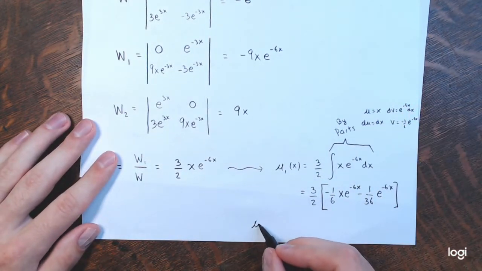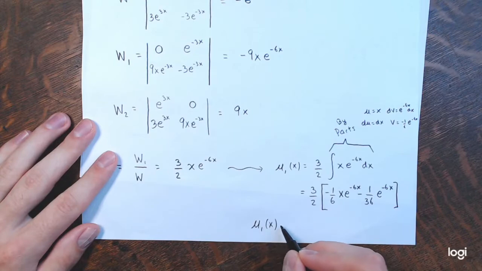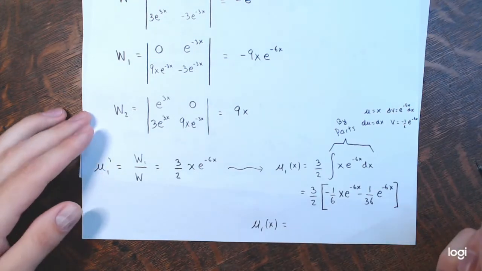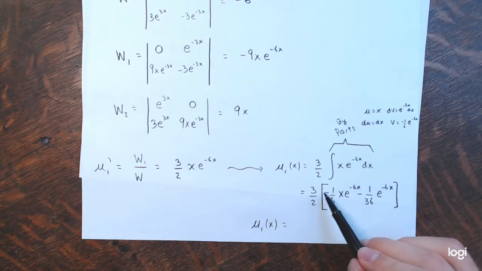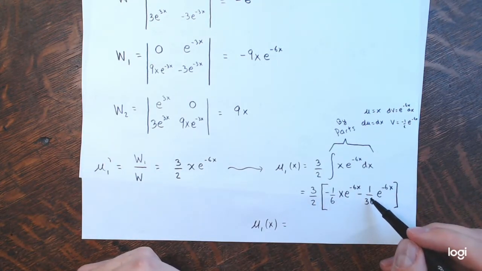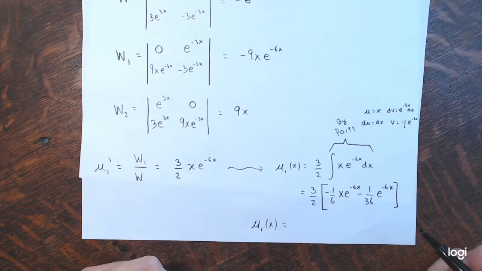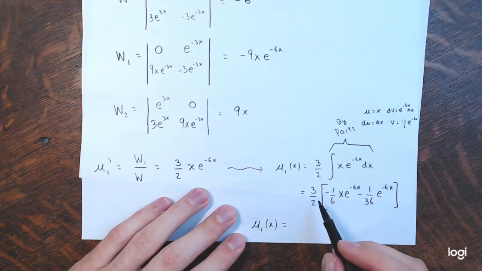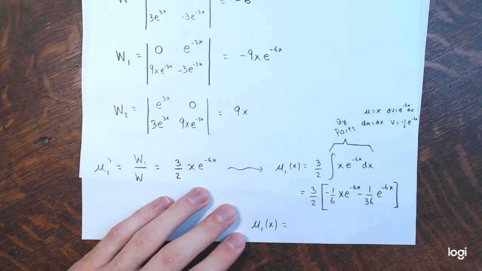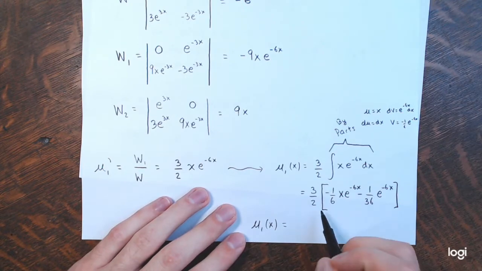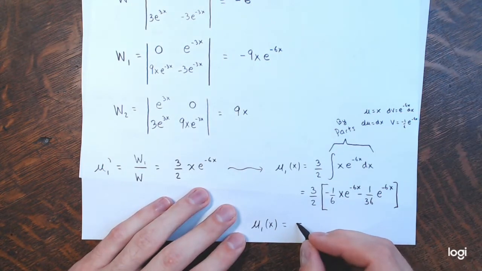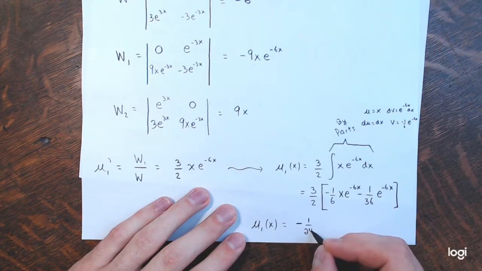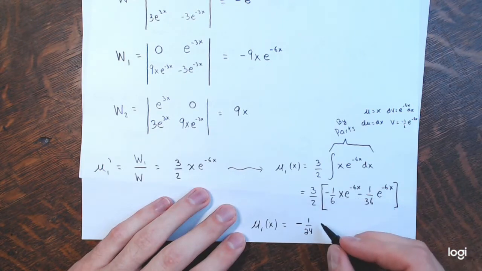So u1, actually, you know what? Instead of putting the 3 halves in, I'm going to factor out negative 1/36. So if I do that, 3 goes into 36 12 times, and 12 times 2 is 24, so that'd be negative 1/24 pulled out, and then they both also have e to the negative 6x.